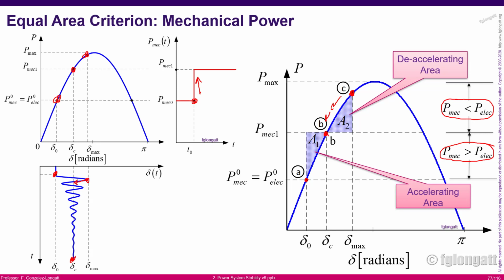When the machine reaches this point, there is so much kinetic energy that the machine tries to go over here and reach this point.